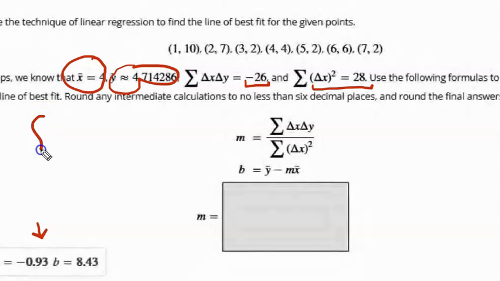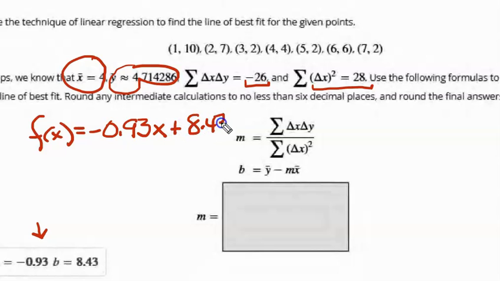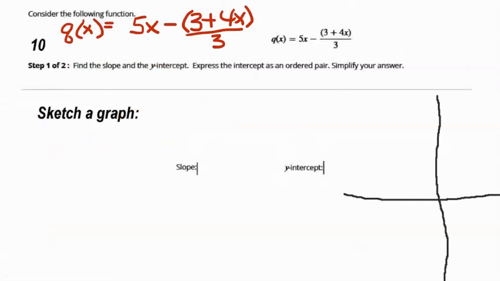Well, that would be function of x is equal to negative 0.93x, and then your y-intercept, 8.43. Okay. All right, one more to go. Again, I'm not working all this out in great detail because it would take too long for me to do. You're going to be doing it. This is to show you what's needed to be done to get it solved.